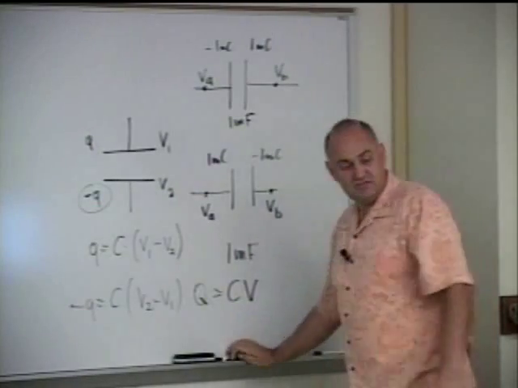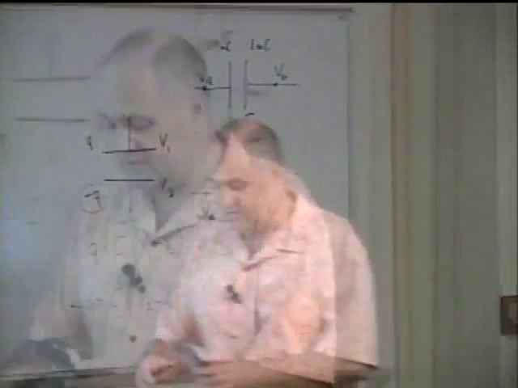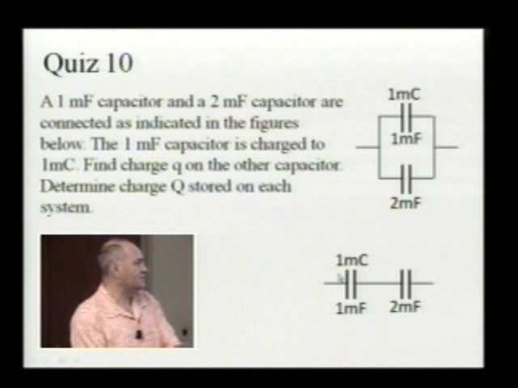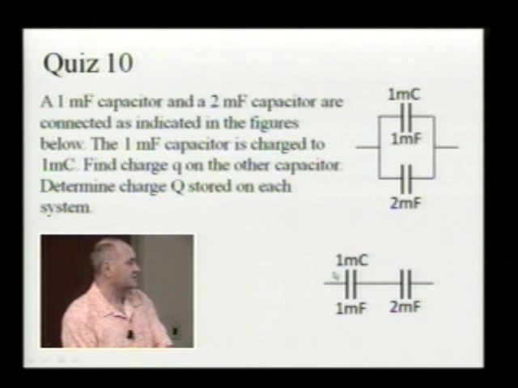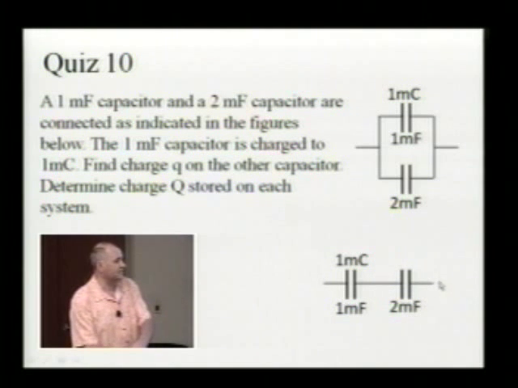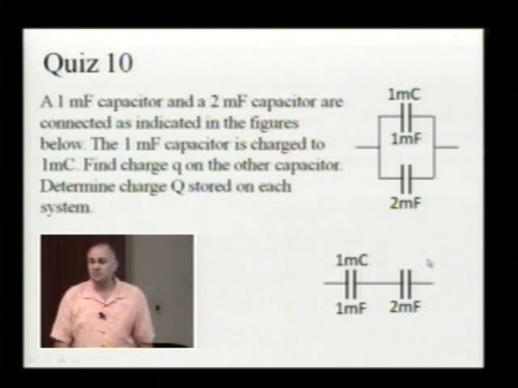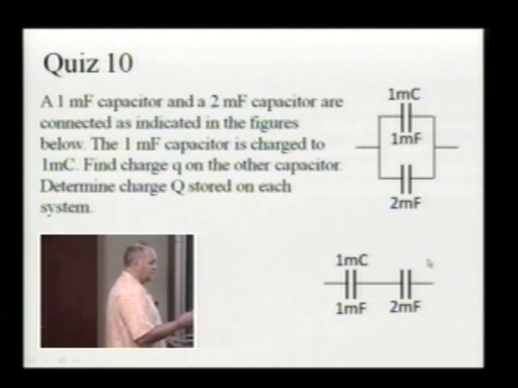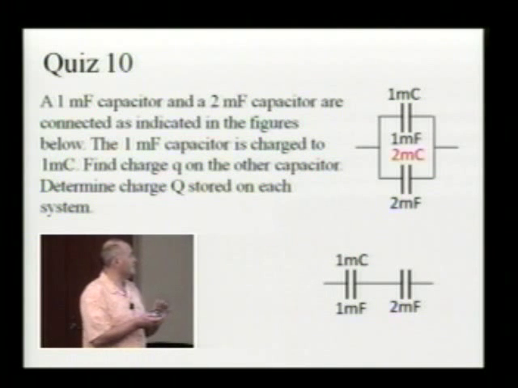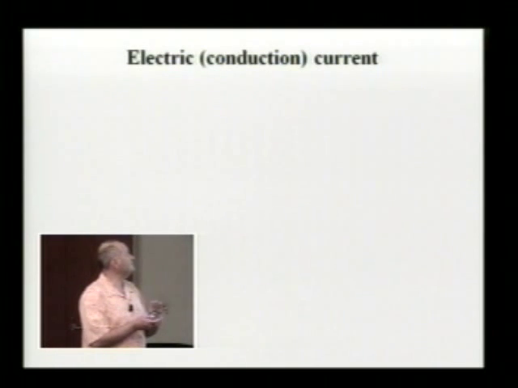Now consistently with that, if we come back to the drawing, 1 millicoulomb is on the left-hand side, which means potential here is higher than potential there, and we will have 1 millicoulomb on the left-hand side of the second capacitor, which means that potential here is higher than potential there. So potential difference will be 1.5 volts. This will be enough for analysis of this circuit. These are the answers.